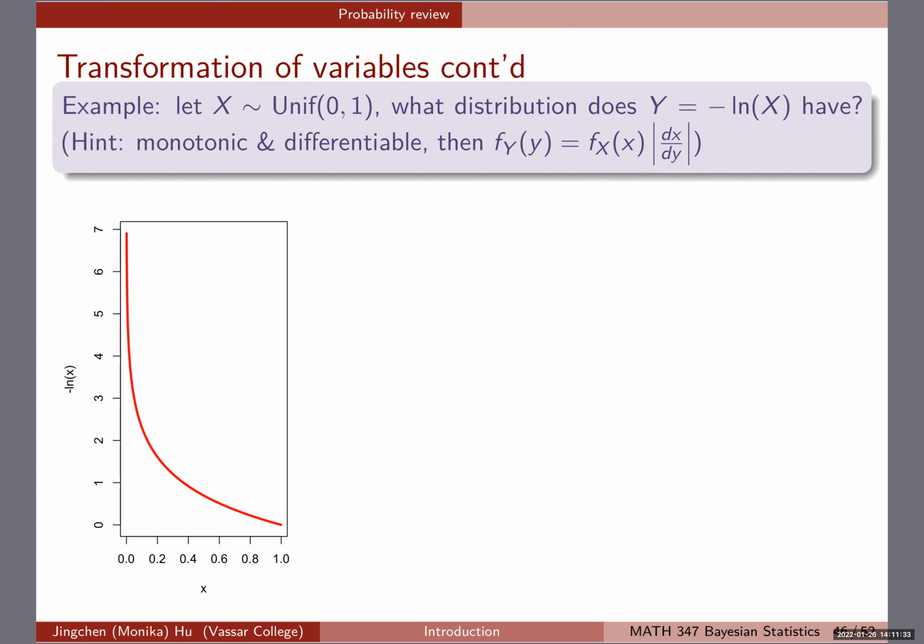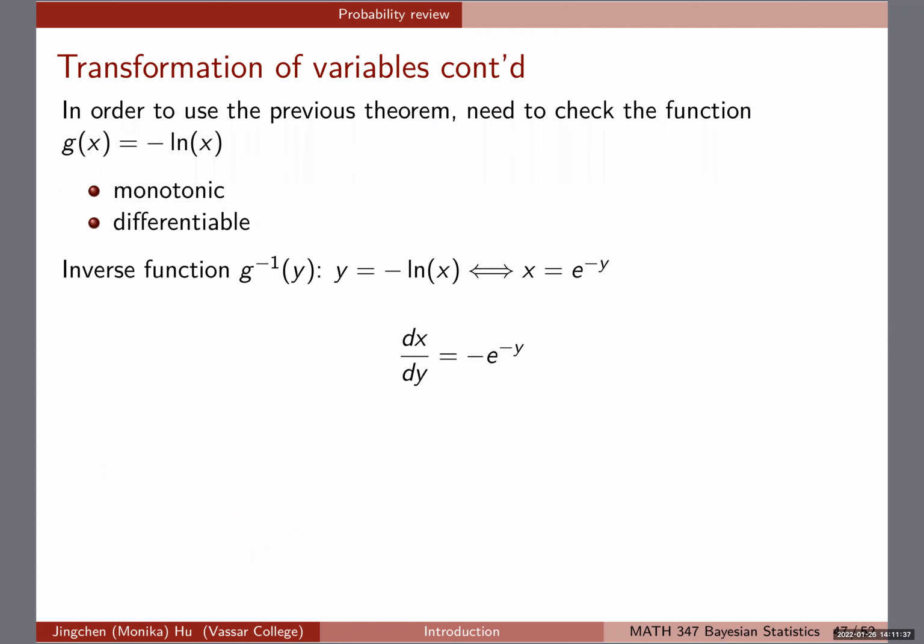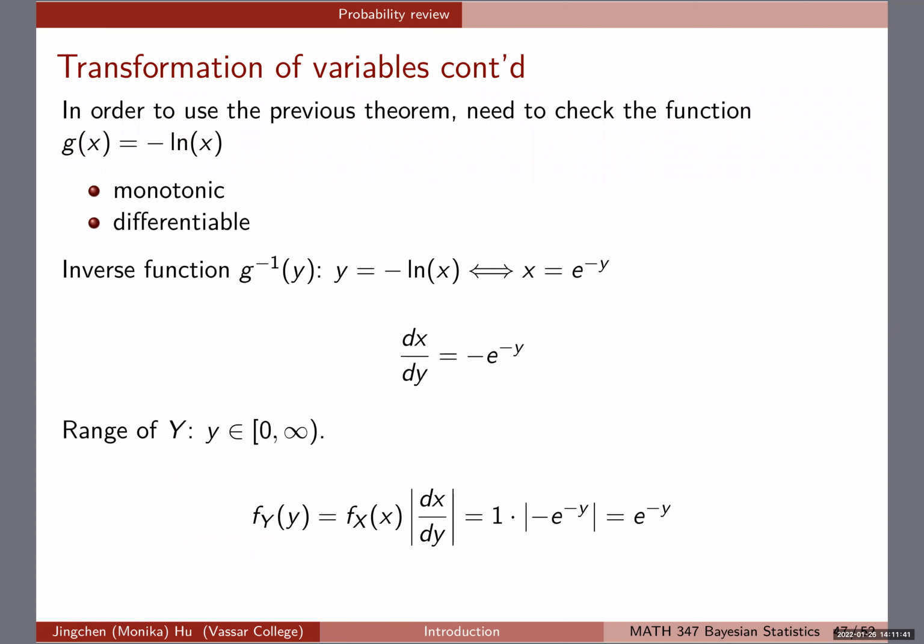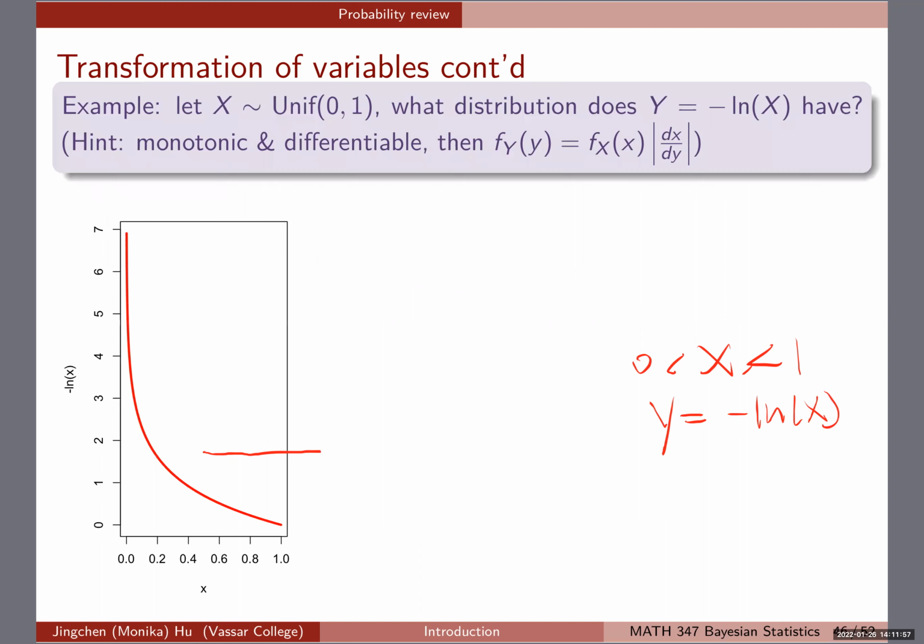So this is actually maybe a simpler example than what you might be working on for the homework, but the general idea is the same. So the range of x, the range of y, which is what Noah's question was earlier. x is between 0 and 1, and y is negative ln x. Just like the figure that we did earlier, you can see that the range of y is everything positive.